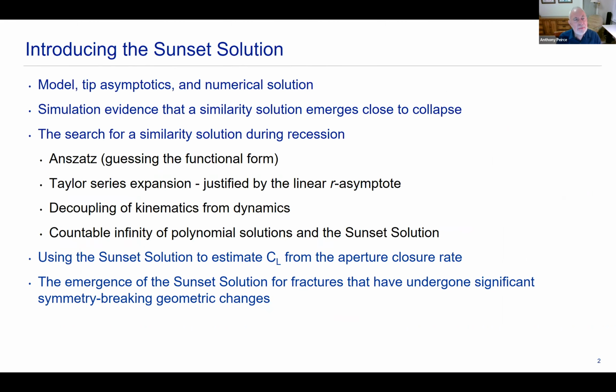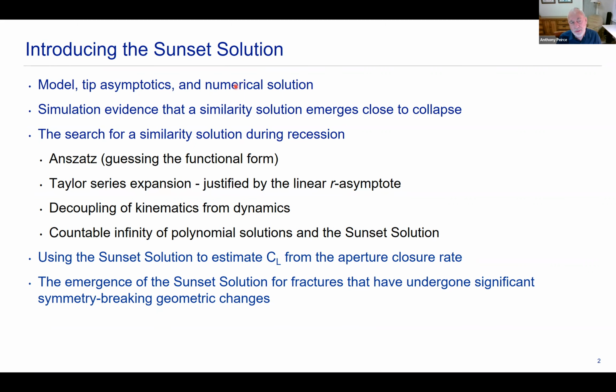As an outline for this talk, I'm going to discuss the model, review some of the tip asymptotics for those people who weren't here last time, and then discuss the numerical solution. In fact, this is a case in applied math where the numerical solution led us to notice a phenomenon, which we call a similarity solution, which we wouldn't have looked for if we didn't have the numerics.